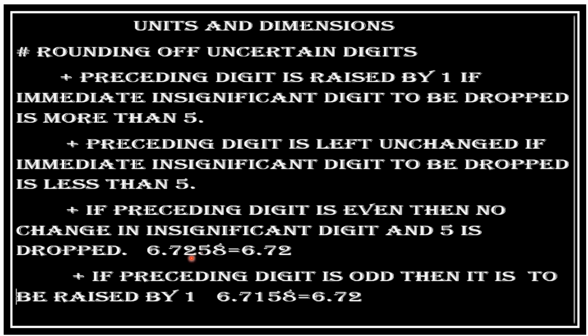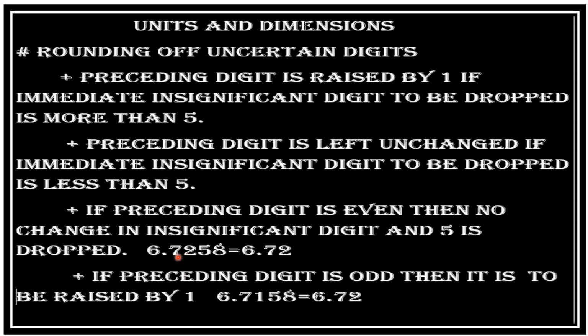See, it's a different example, but I am explaining it to you. If you think these two terms are not there, take 6.72. Here is 2 and here is 7. 2 is less than 5. That's why we just drop the 2, but we do not increase the preceding digit. If it were 8 here, we would increase it, as it is greater than 5.